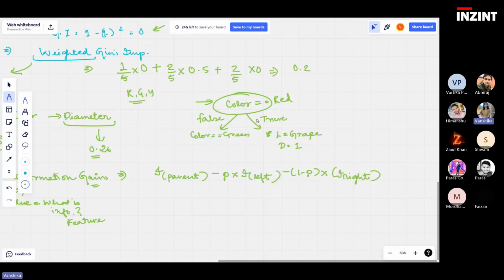I'm going to repeat these steps for this situation: calculate the Gini, calculate the weighted Gini, and then compute this particular formula. For whichever of red, green, or yellow my information gain is max, that will be used to ask the question in the node.